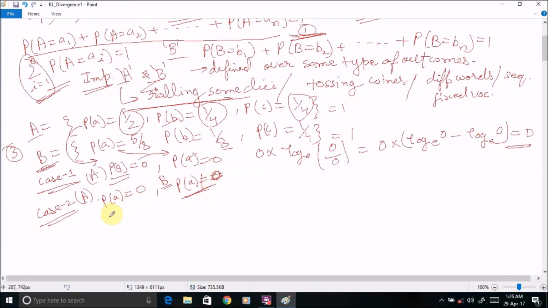The reverse may also be possible, where here it may not be equal to 0 and in this case it may be equal to 0, and the same case may occur with the second, third or any of the nth event if the probability distribution contains n events. So in this case it will create some computation problem. Now suppose we start with this part, then what will happen? Then we can use this formula as it is.